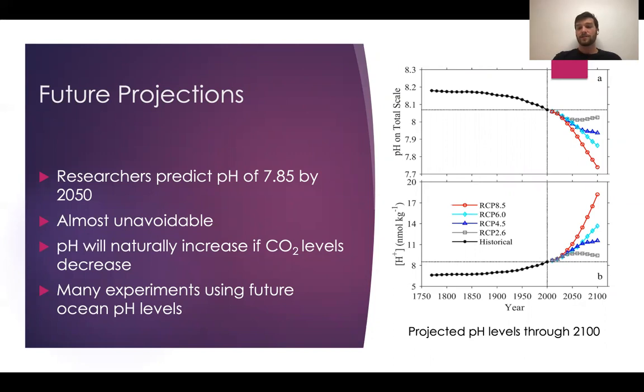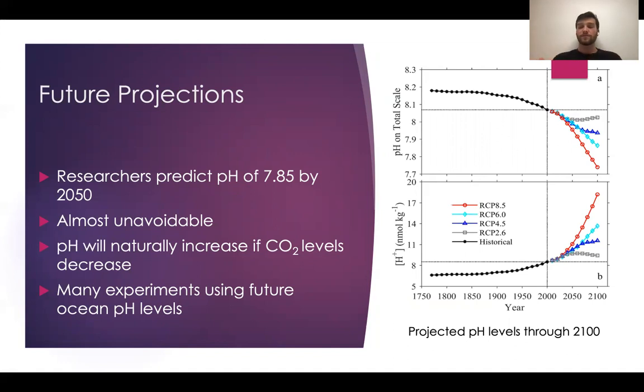So the black dots here on the left side of the top graph are historic pH levels. The gray squares that come off to the right, those are if we curbed our CO2 emissions and started maybe absorbing some CO2 from the atmosphere, reversing the damage we've done.